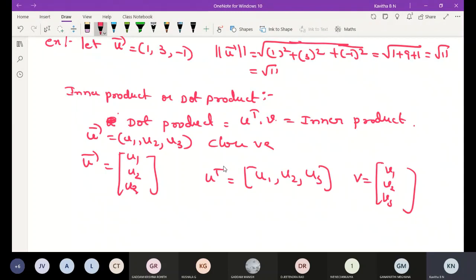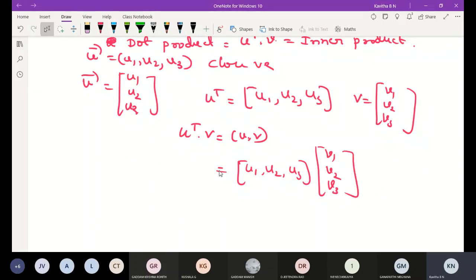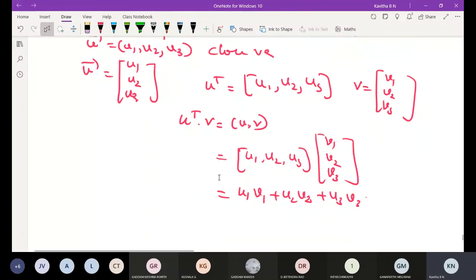U transpose dot V is then U1 into V1 plus U2 into V2 plus U3 into V3. This is the inner product.